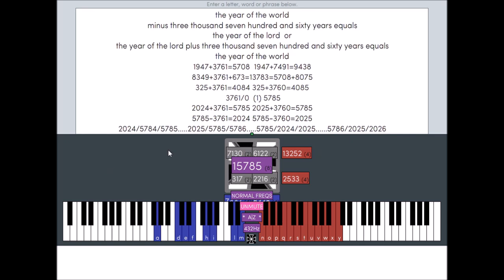So I'll pull my calculator up and say 196 plus 691 equals 887. So 887 is a derivative of 196. So 887 plus 788 equals 1675. 1675 is a derivative of 196 plus 5761.